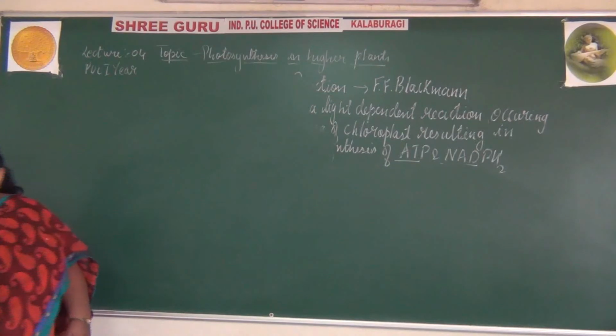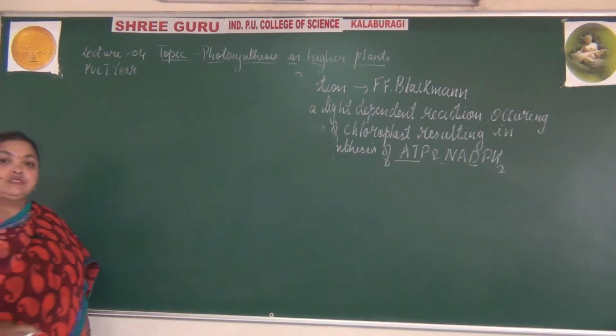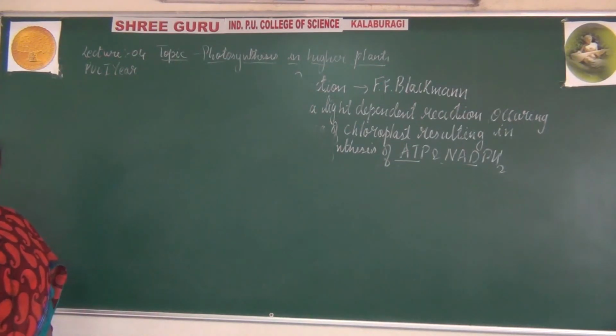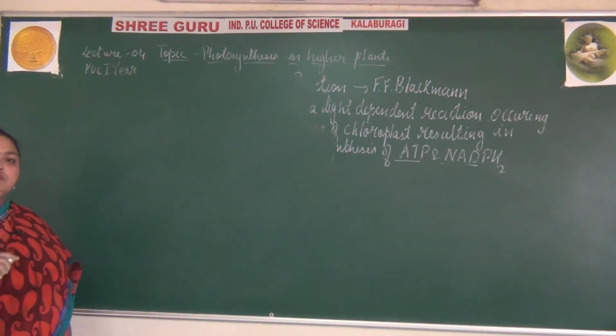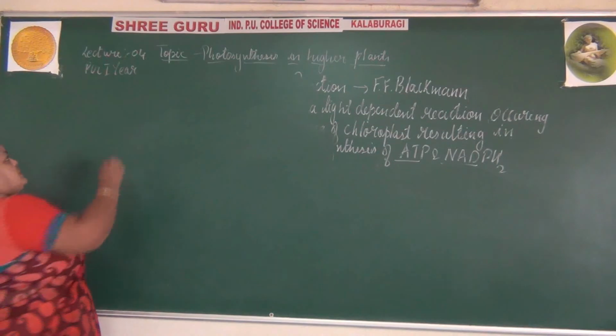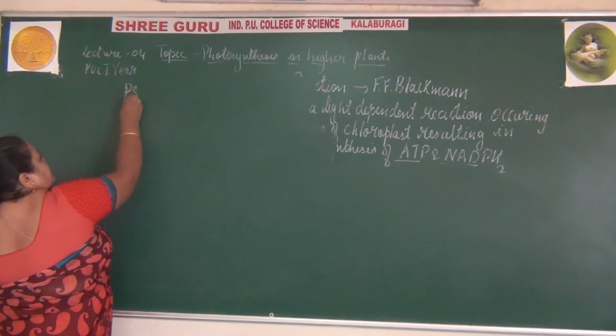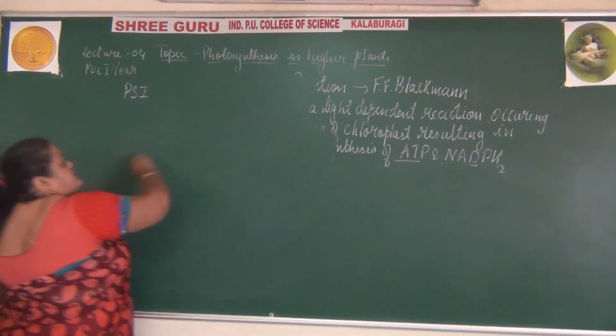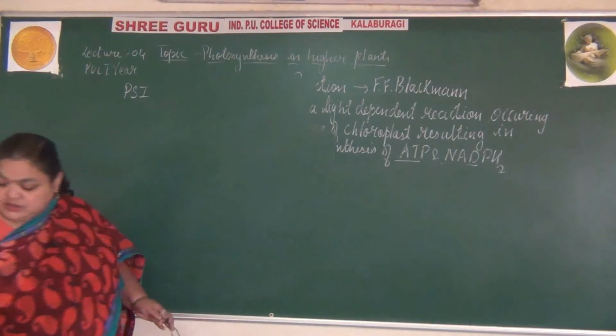With the differences of photosystem 1 and photosystem 2, we will try to understand the features also and the differences between photosystem 1 and photosystem 2. So usually it is indicated as photosystem 1 and photosystem 2.